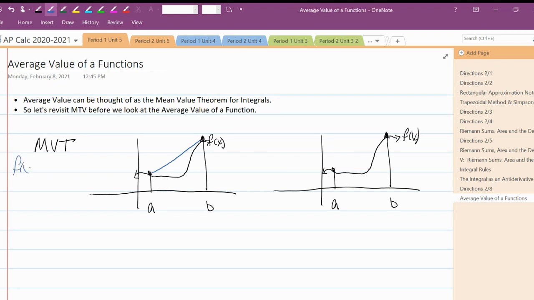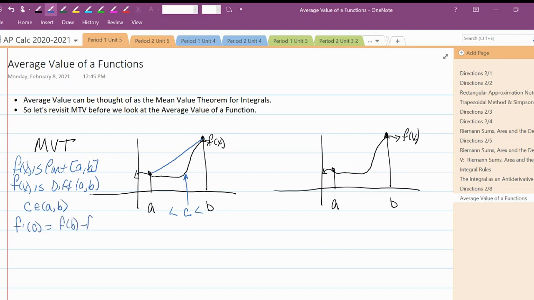We say if f of x is continuous on the closed interval a to b, and f of x is differentiable on the open interval from a to b, then there is some point c, which is in between a and b, such that f prime of c equals f of b minus f of a all over b minus a.